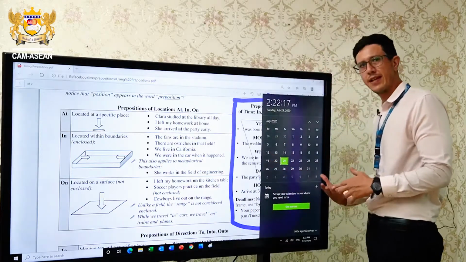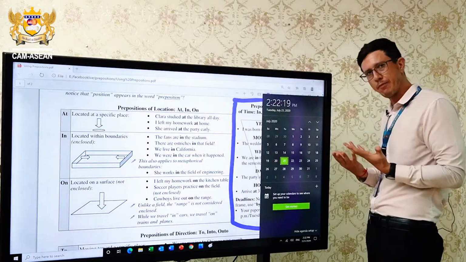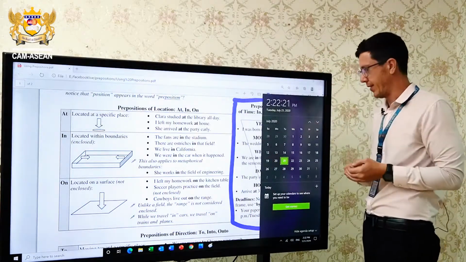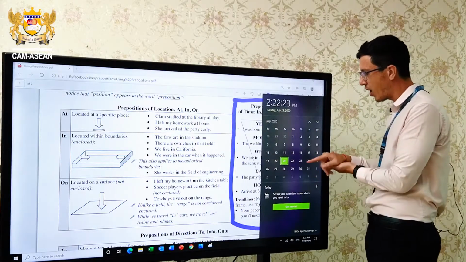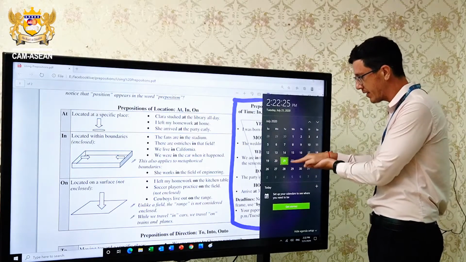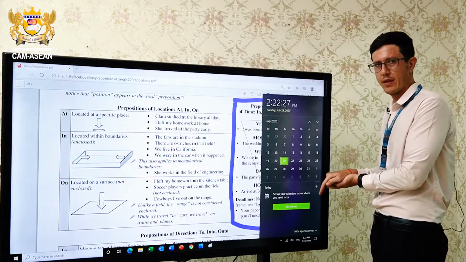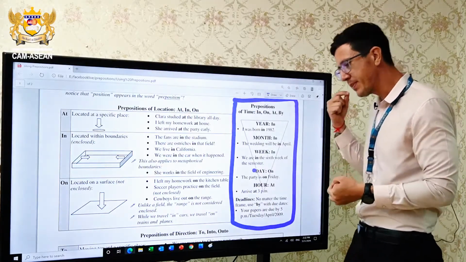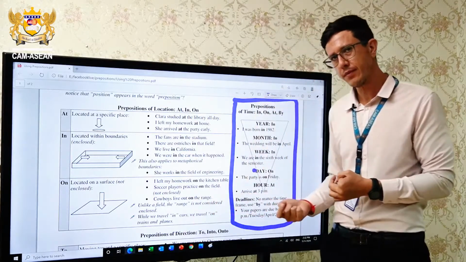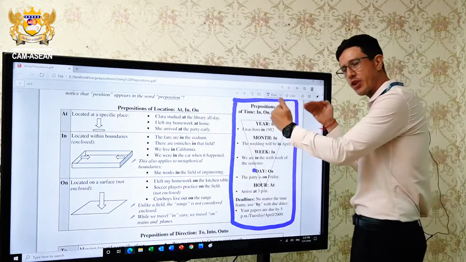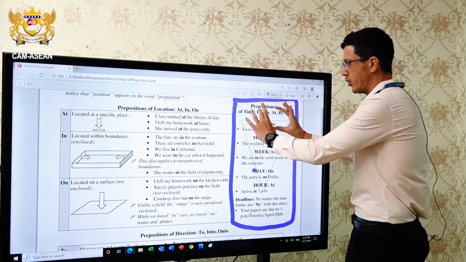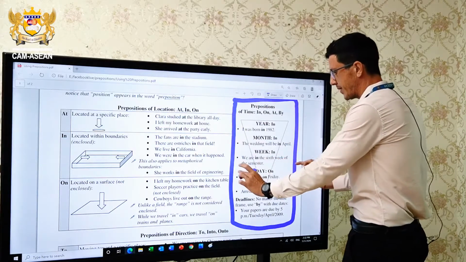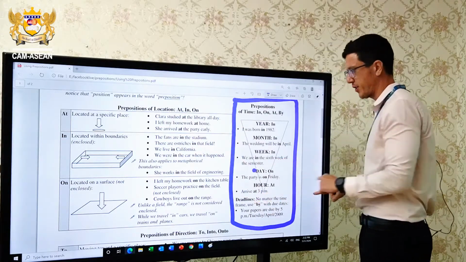Now in this case, we can't see time. We have to try to imagine it. So like a calendar, I say on the day because it's like I'm touching that day. Now, at we use for a specific hour. And you can see this is kind of the trend that we do. General, specific, the most specific.